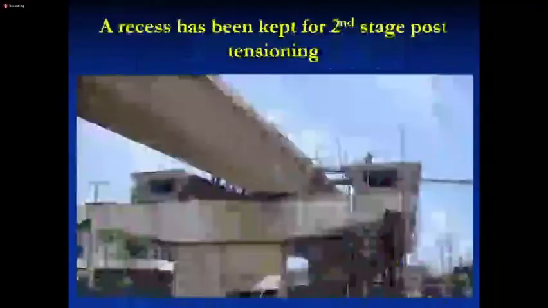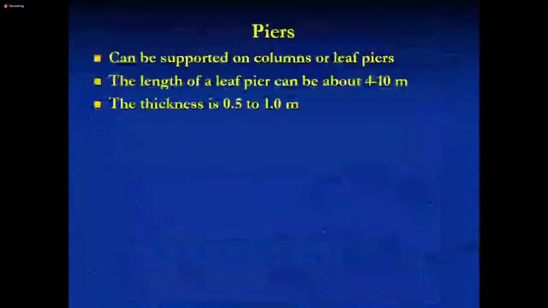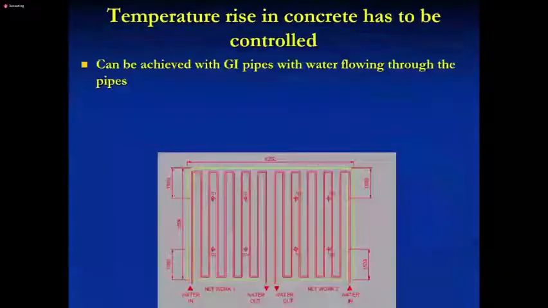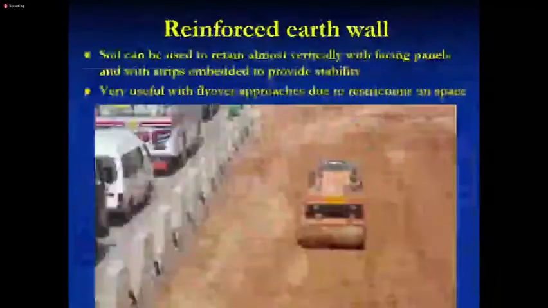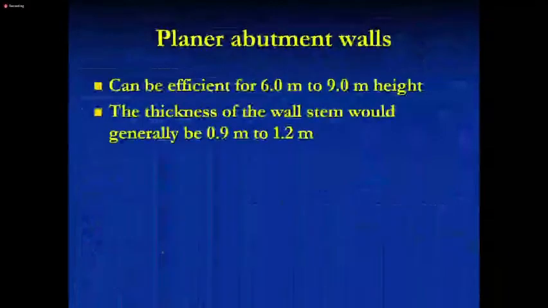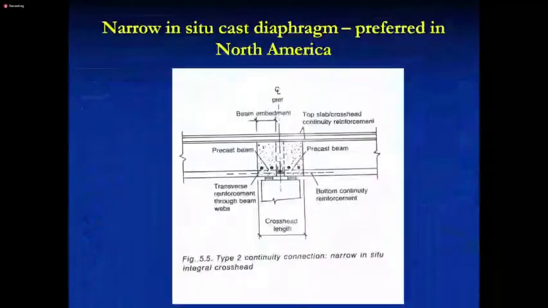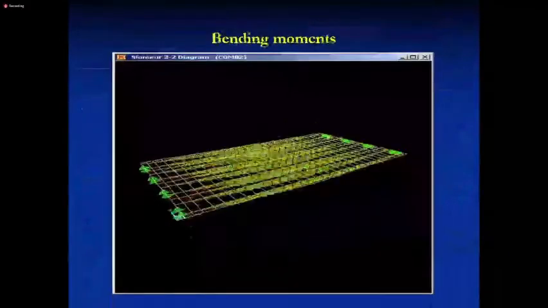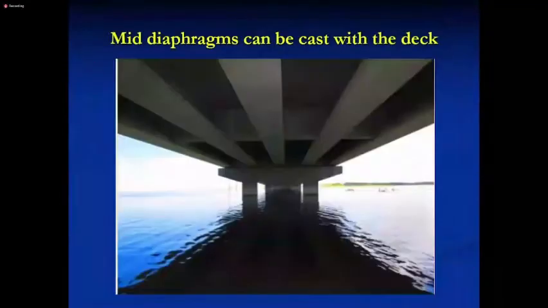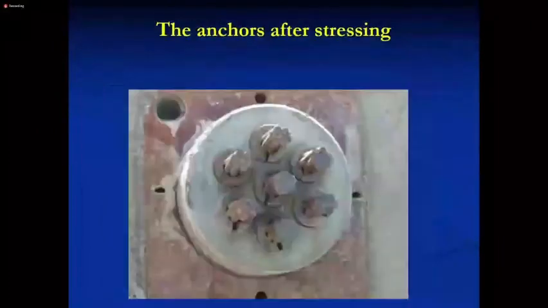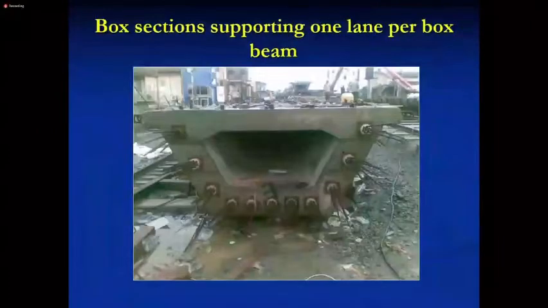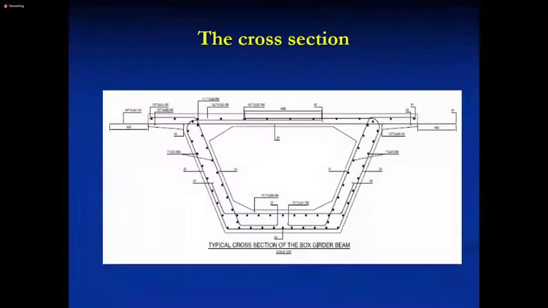Right, so we'll go back to the presentation. And I'm now interested in teaching you about this particular type of construction where we get M-beams. And you can see the beam.